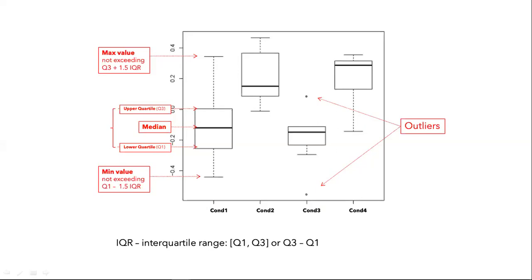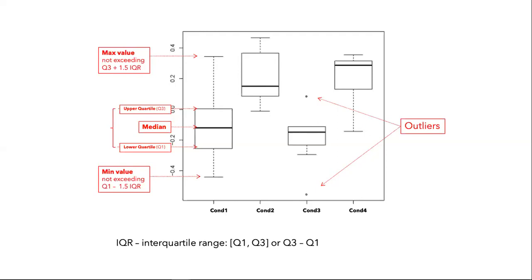There is another measure that can be combined to explain the variability of the data when using medians. You can see these numbers and letters here, Q1 and Q3. So you have the median, it's the central point, and you have Q1, the lower quartile. What is Q1? If median is 50% of the data, Q1 is 25% of the data, and Q3 is 75% of the data.